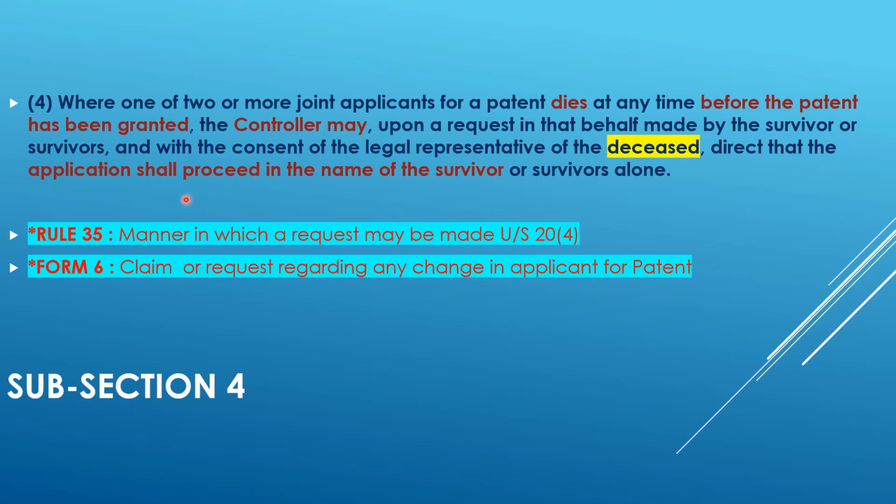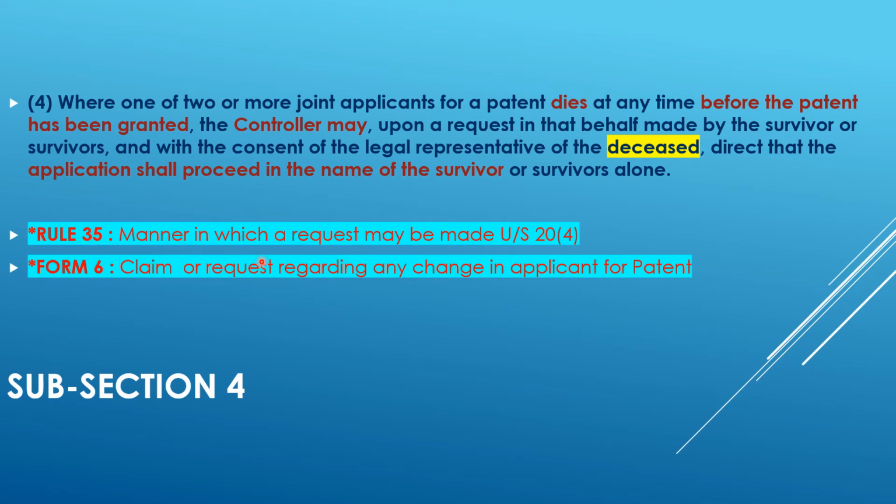In simple words, if one of the joint applicants for a patent dies before grant of the patent, then a request is made by the survivor or the survivors with the consent of the legal representative of the dead applicant. The controller now directs that the application shall proceed in the name of the survivor or survivors. Fine. So now I think it is clear.